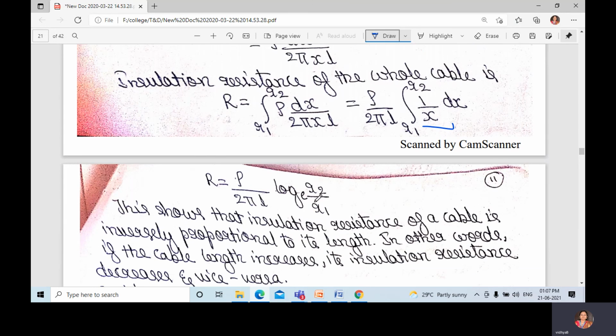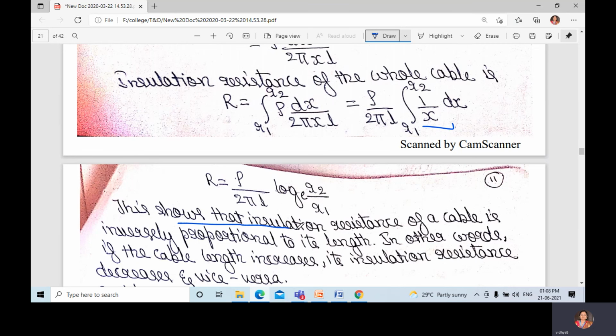If you apply the limits, you'll get log R2 minus log R1, so that can be written as log a by b. So log e of R2 divided by R1. Like log a minus log b, log R2 minus log R1 can be written as log a by b. That is what they have written.